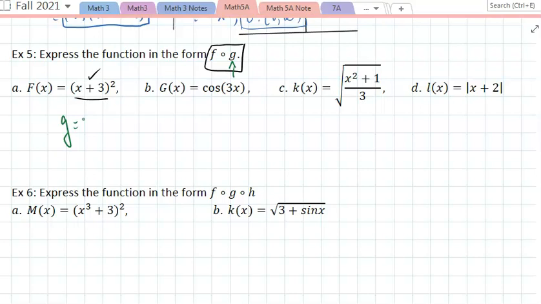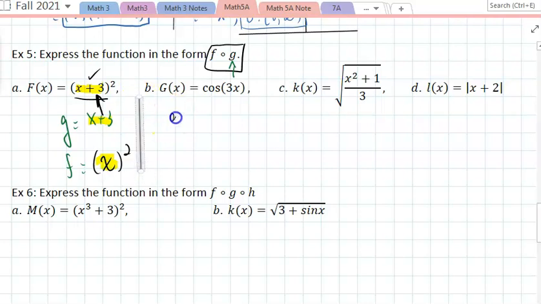So here, if I let g equal the inside of the square, h or f must be, so keep in mind, if I take this out, what do I replace in x plus 3 to get x plus 3 squared? I replace it by whatever you choose g to be, put an x instead. And that will work. There are other options.